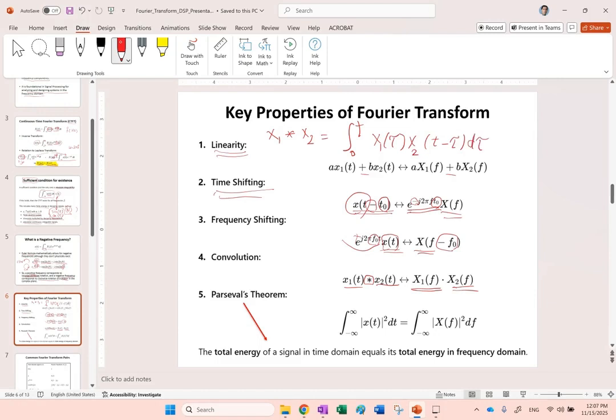Okay, and this convolution has commutative properties, so it's also equal to x2 asterisk x1. The order doesn't matter. Okay, and we use this convolution a lot in signal processing.